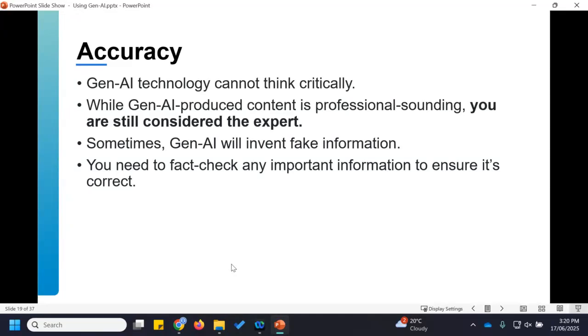Even stuff like references is a big one. People ask it for references or ask it for journal articles, and because it knows what a journal article looks like, or it knows what a reference should look like, it knows that it needs a surname and then a first initial and the date that it was published and then the title. It knows that it has these things and it can create a reference that looks good.